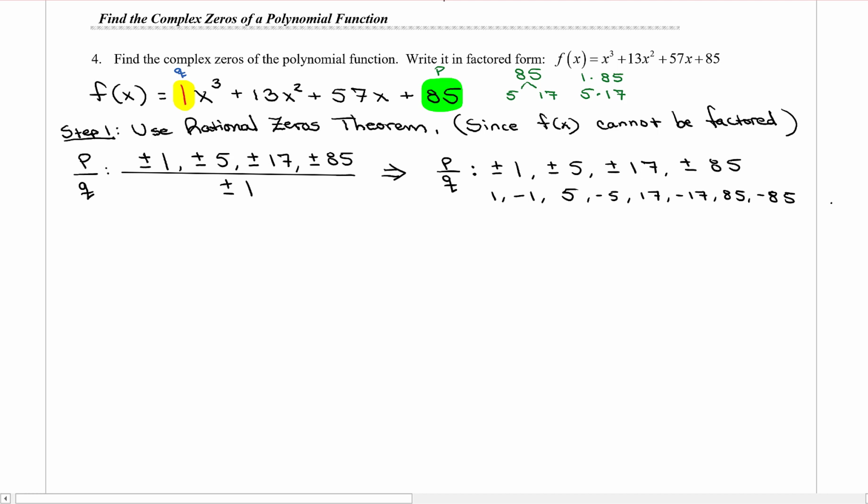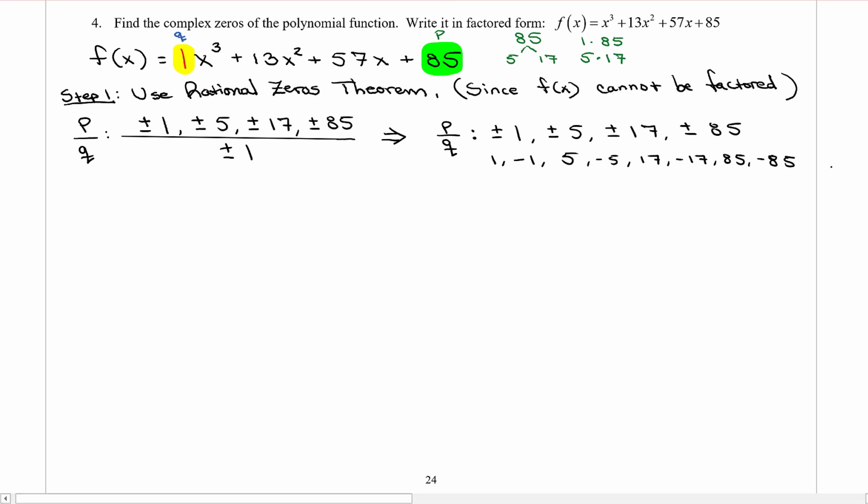Let's call this step 2. We're going to use the remainder theorem, and let's call it also the factor theorem, because I'm using a combination of both of these here.